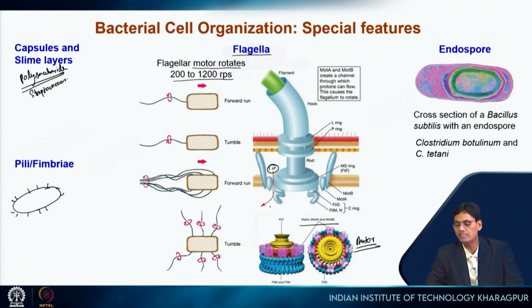And at the end, another one: the endospore. Endospores are present in some bacteria. They are medically important and challenging for medical professionals, because the endospore inside the bacteria is very resistant to heat and different types of radiation, including gamma radiation.